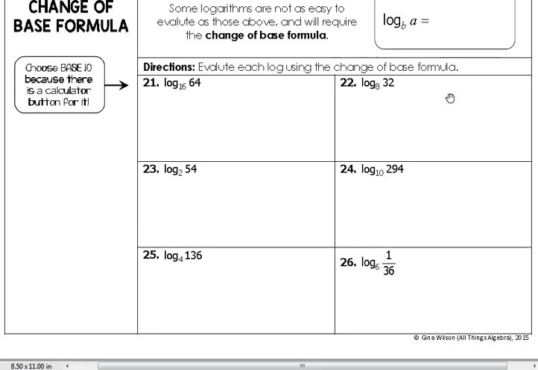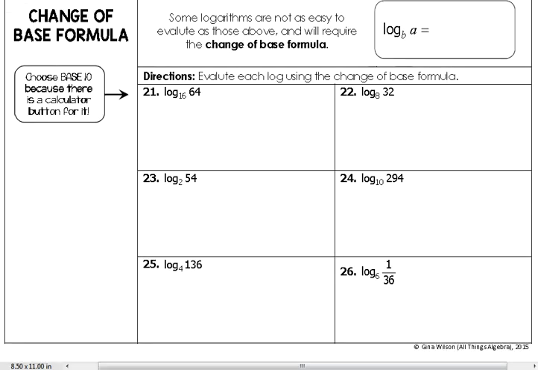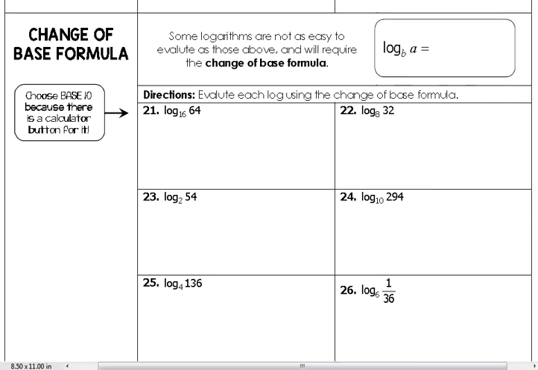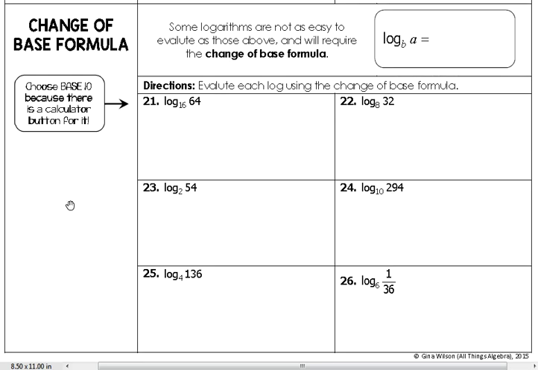Okay, so let's look at the bottom of the page there. It's labeled change of base formula. Your calculator has a log button on it, but it's just the common log, the base 10. And you don't have the option of changing the base on there. But there is a formula to change the base. It's not that complicated.